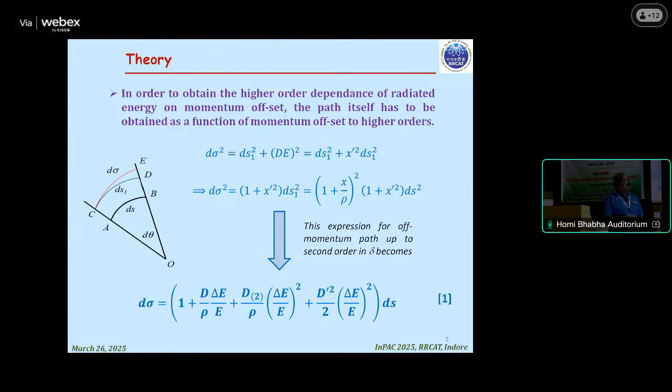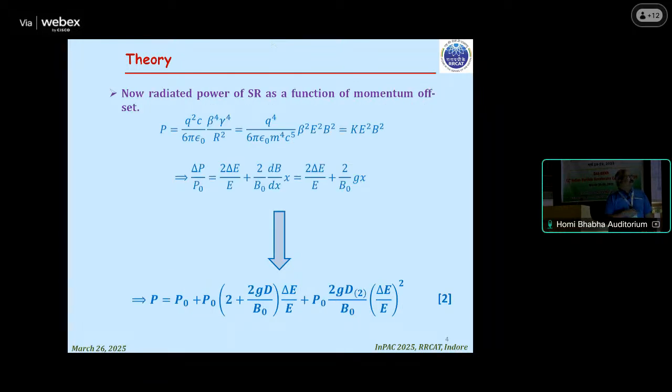If we do that, this is the path length followed by the electron up to second order in the momentum offset, and this is the power radiated by the electron. Here gamma is the electron's energy and R is the bending radius of that particle. If we convert to the magnetic field, it shows like this, with an E squared by E squared term. And if we convert this again up to second order in momentum offset, finally the power radiated by the electron up to second order in momentum offset will look like this.